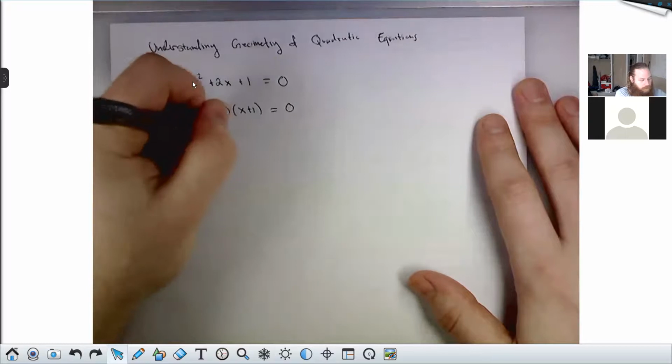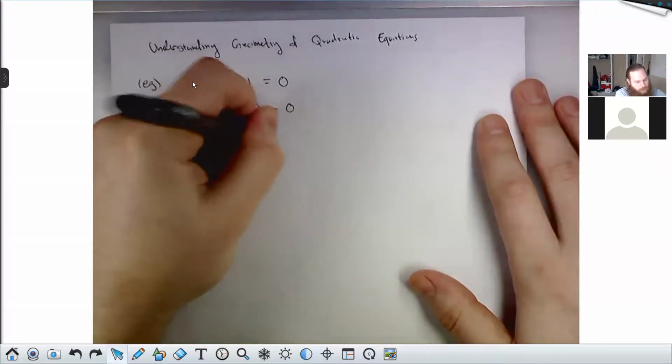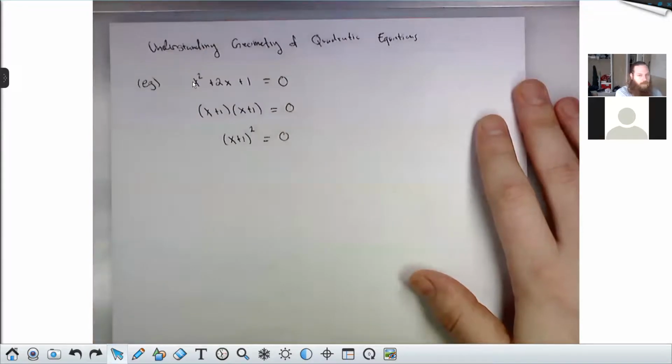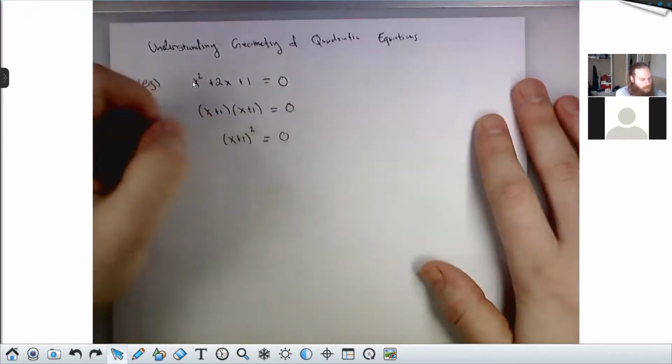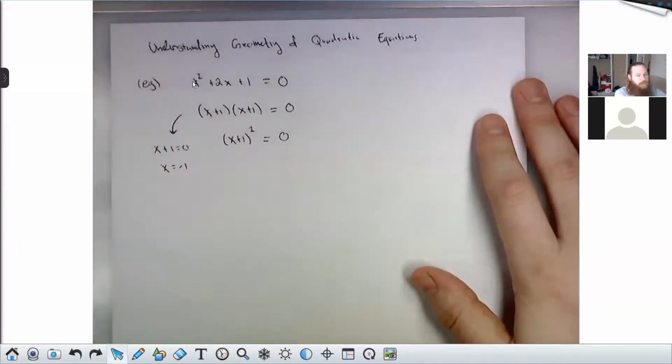We can rewrite this as x plus 1 quantity squared equals 0. And then just setting these factors to 0, your solution is x plus 1 equals 0, so x equals -1. This fellow only had one solution.